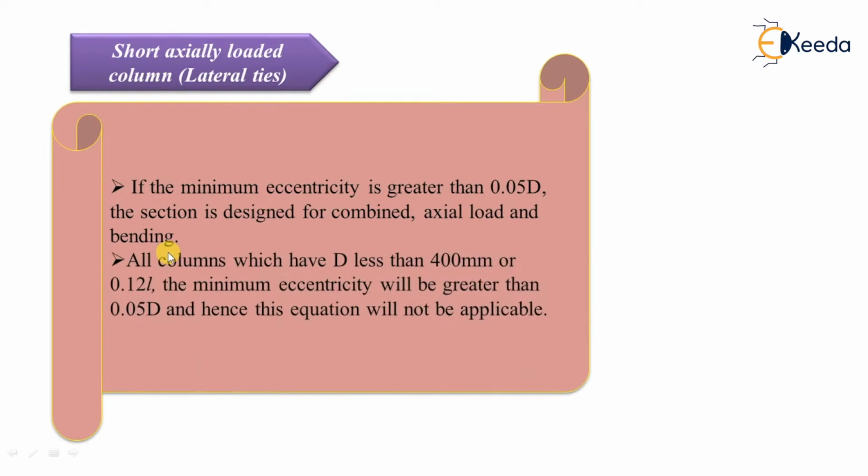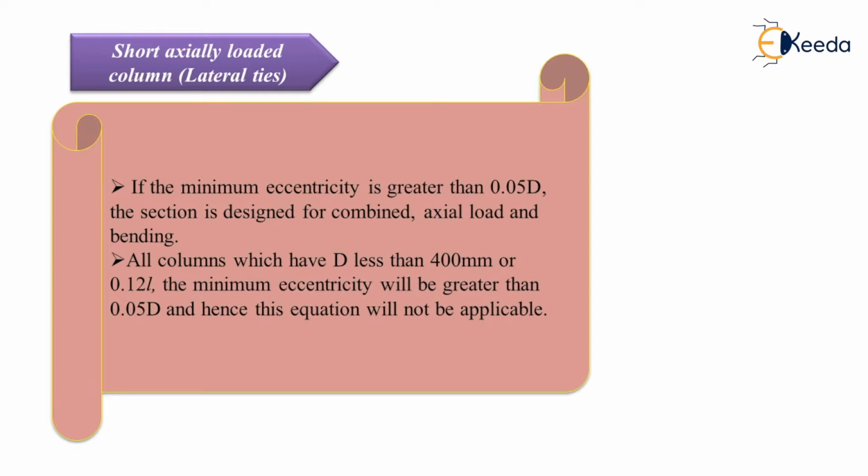Note that for all the columns which have D less than 400 mm or 0.12 times the length, the minimum eccentricity will be greater than 0.05 D, and hence this equation will not be applicable. From where do we get this conclusion? We know that 0.05 D should be greater than or equal to 20 mm.